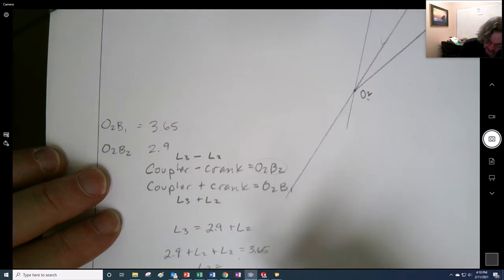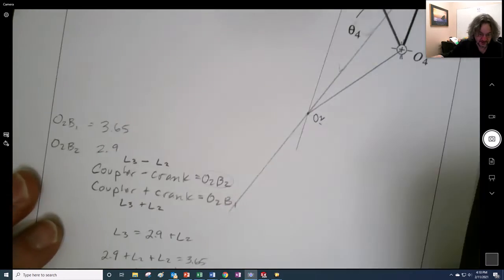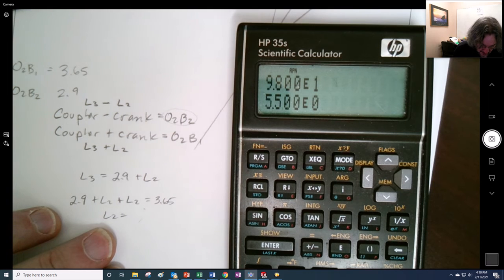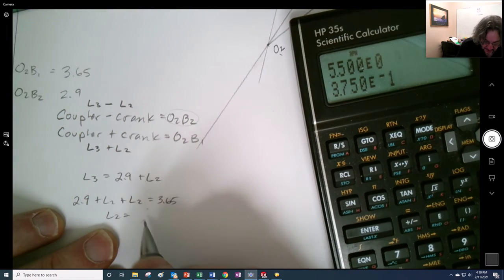So L2 is equal to 3.65 minus 2.9, divided by 2, right? So that says it's 0.375.